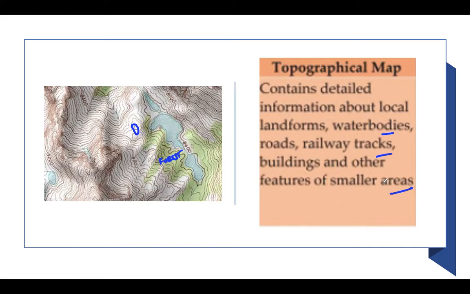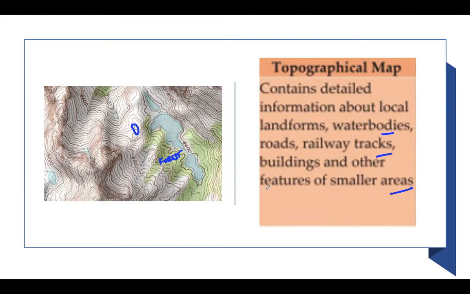It is suitable for smaller areas. If you want to show a big landmass, like the full country India, in a topographical map, showing each and every feature in detail would never be possible.